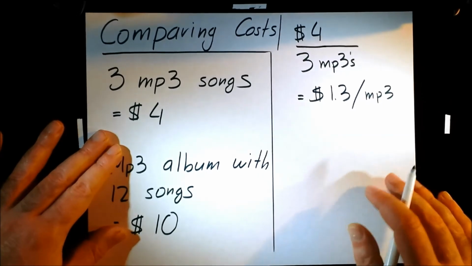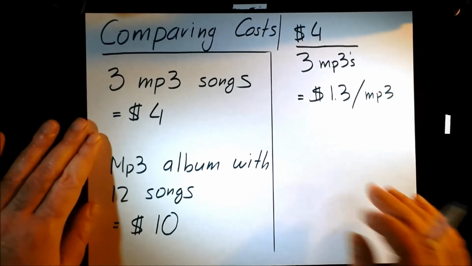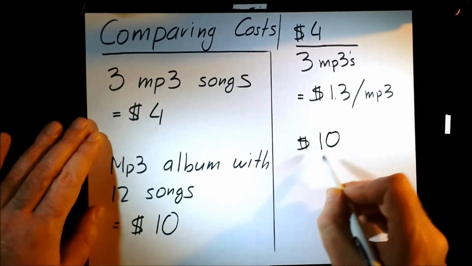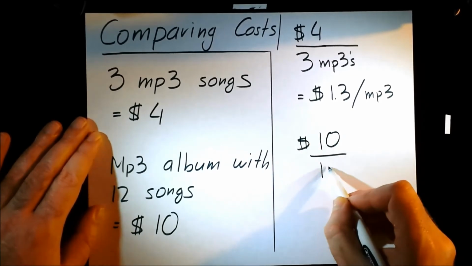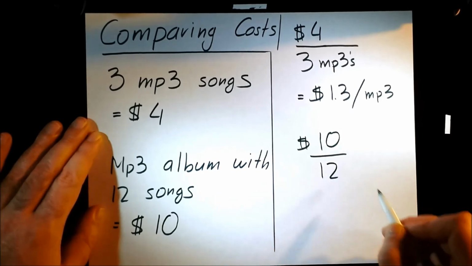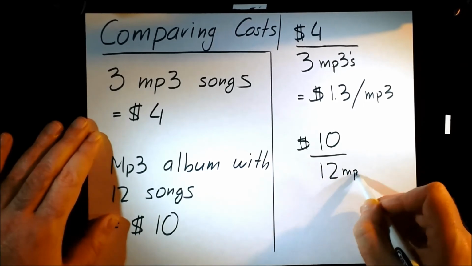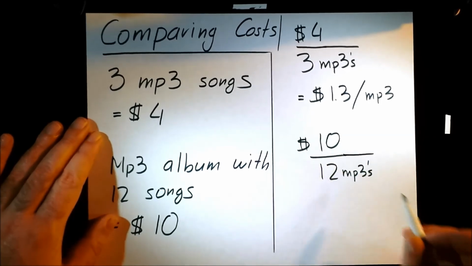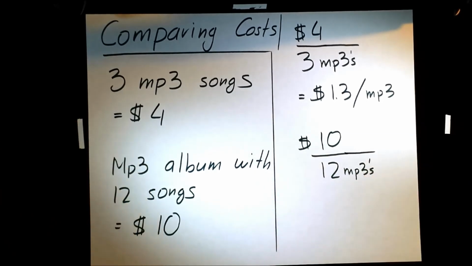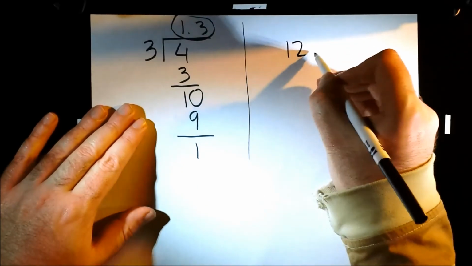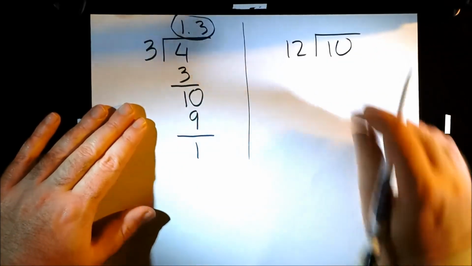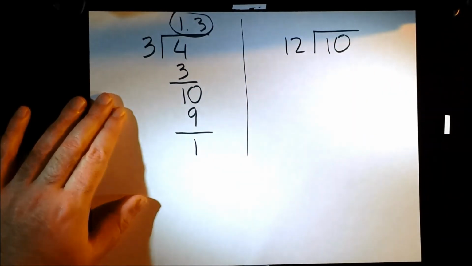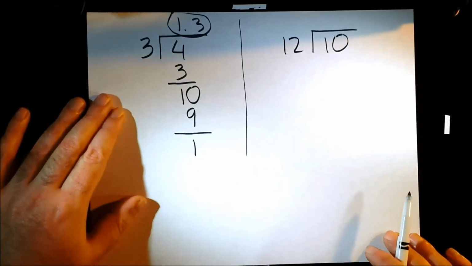Okay, now let's find the other one. The unit rate for this one is $10 for 12 songs, 12 MP3s. All right, now let's try to find the unit rate for this one. Long division again. In this case, the 12 doesn't go into 10 at all.